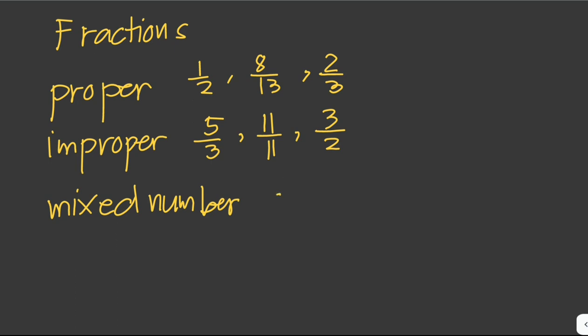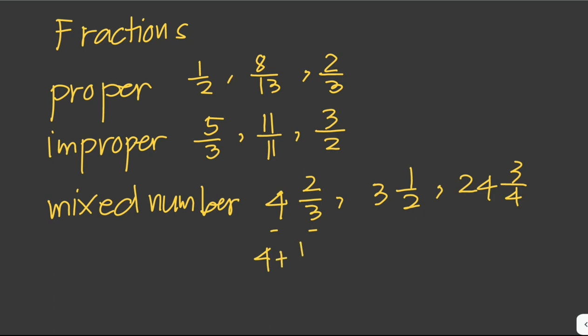Say for example 4 and 2/3, 3 and 1/2, and 24 and 3/4. So the value of the mixed number is more than 1. It is the sum of the whole number and the fraction. So in this case 4 and 2/3, this is the sum of 4 and 2/3.